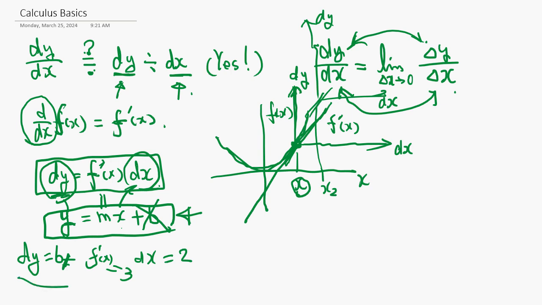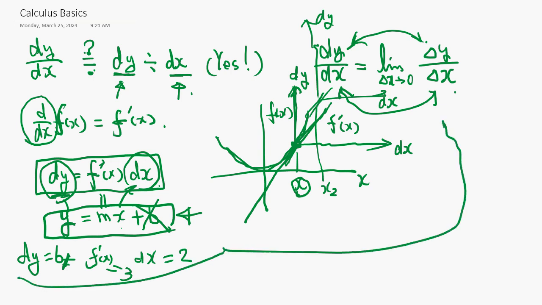Okay, now let's go back. In the derivative function definition, you blame the teacher, right? You told me delta x goes to 0. So this is a very small value, and this is a very small value, and dy has to be a very small value.